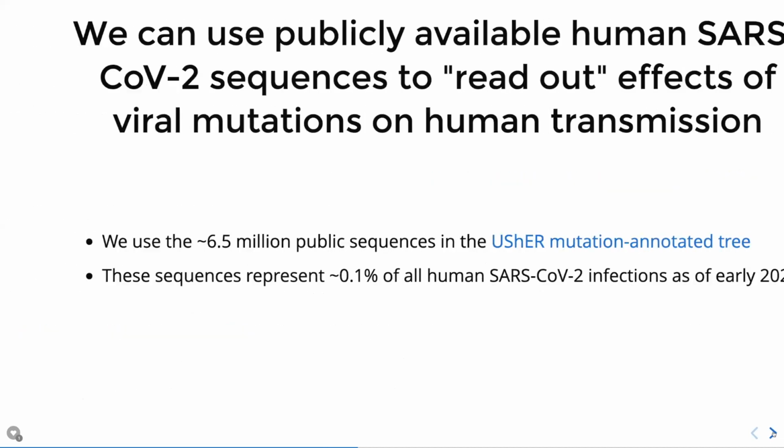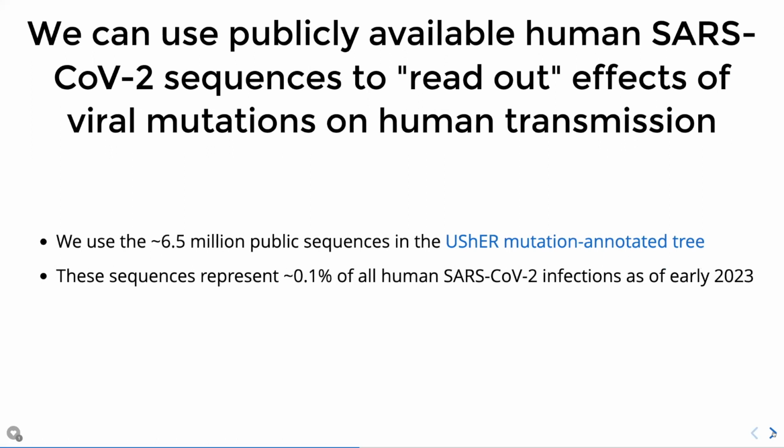The key thing that underlies the motivation of the approach I'm talking about is that there are now enough publicly available human SARS-CoV-2 sequences that we can start to read out the effects of viral mutations on human transmission just by looking at these natural experiments.